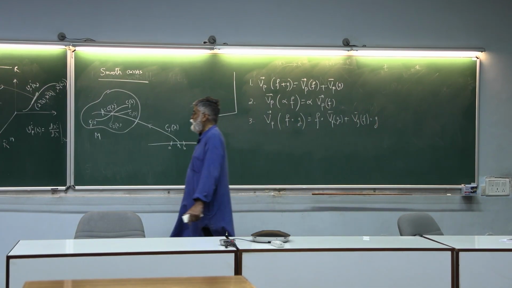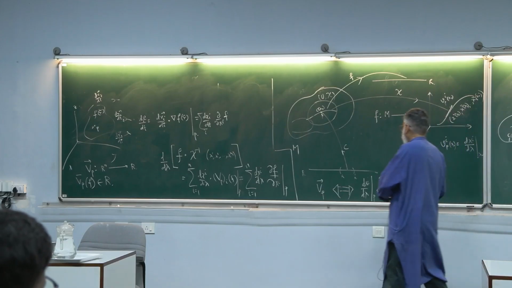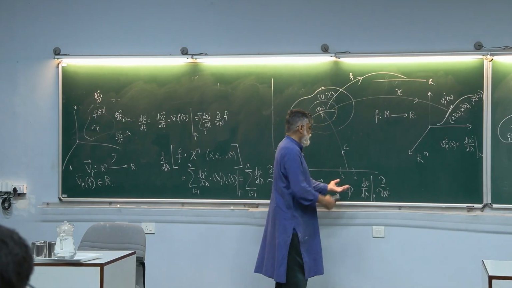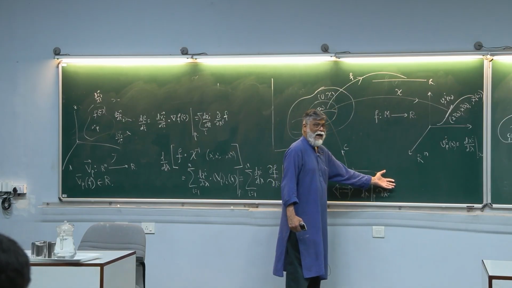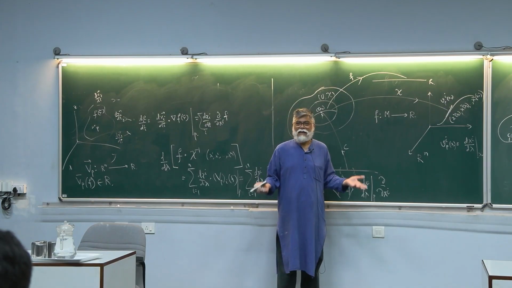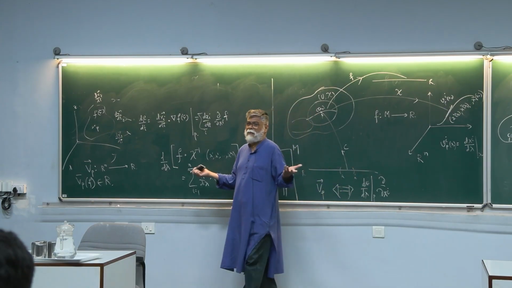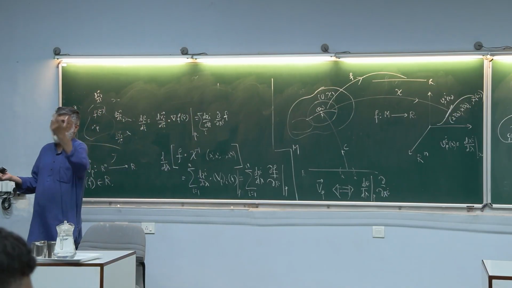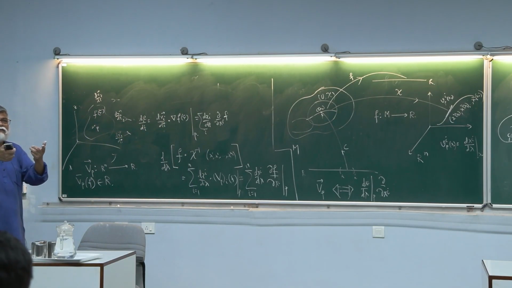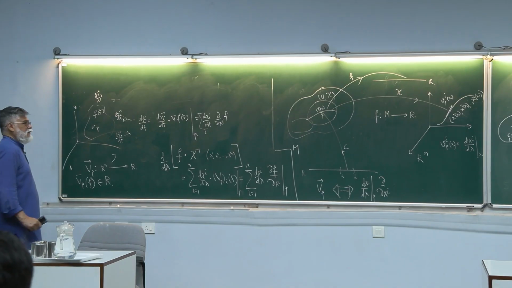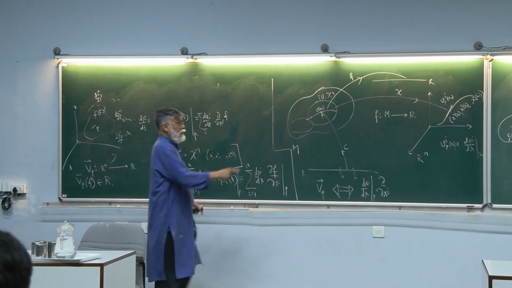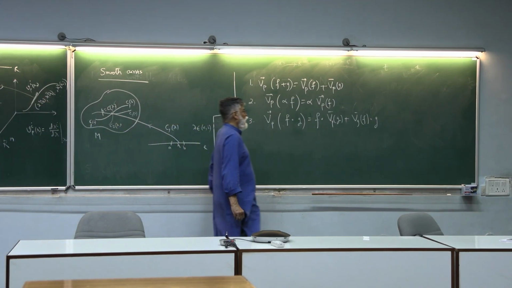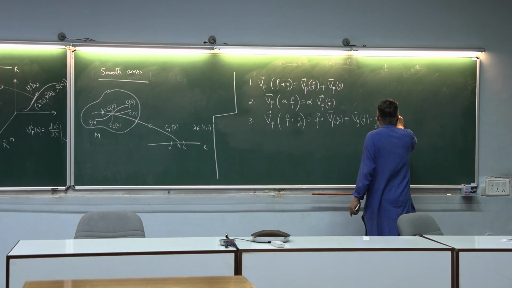This is also obvious, I will not work it out in detail, because when it acts on the product of functions, del by del x^i will act on it, but del by del x^i satisfies the Leibniz rule. The derivative of a product of two functions is the first function times the derivative of the second plus the derivative of the first times the second function. So it is obvious, and therefore this rule is also satisfied by the vector at point P. This is the so-called Leibniz rule.